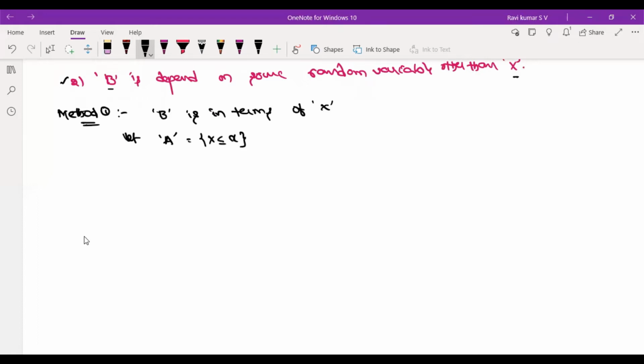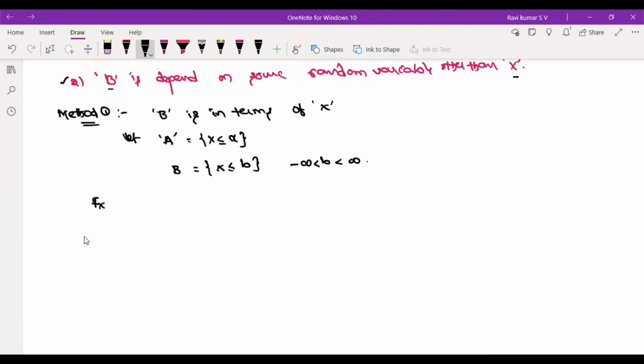Next, I'm taking event B as X less than or equal to b. Here b is a constant which lies between minus infinity and plus infinity. Based on the two events A and B, I'm going to define the conditional distribution function.